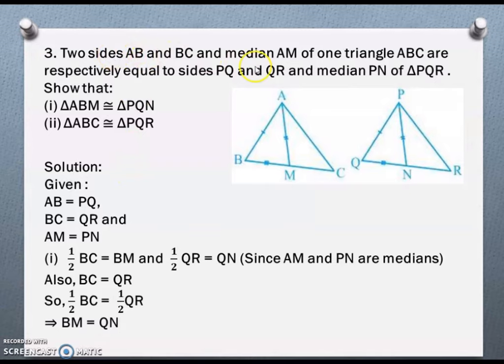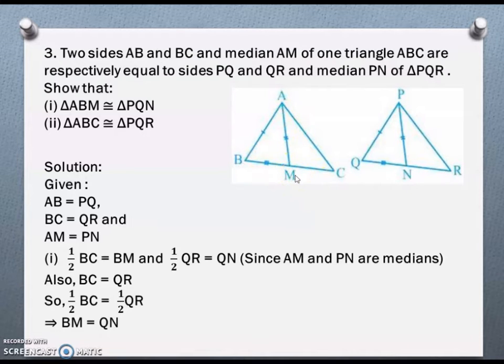Two sides AB, BC and median AM of one triangle ABC are respectively equal to sides PQ, QR and median PN of triangle PQR. So here there are two triangles and AM and PN are the medians of both the triangles. Now the meaning of median is that this median will bisect the opposite side.